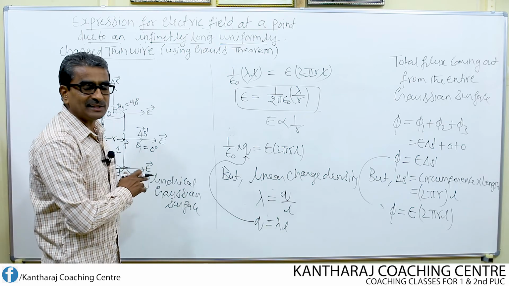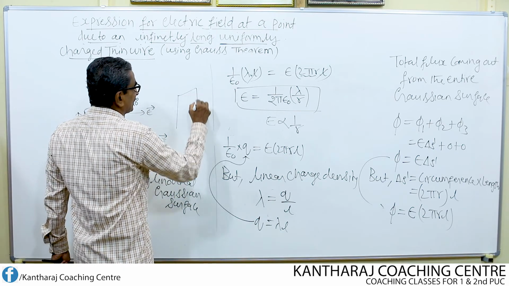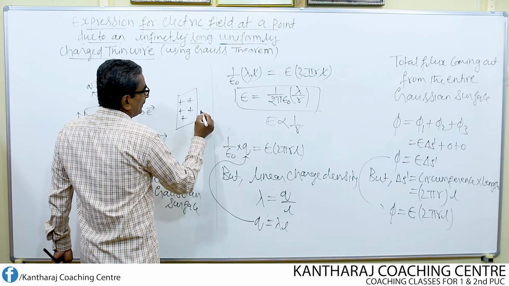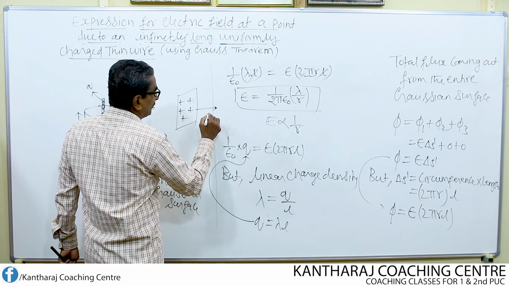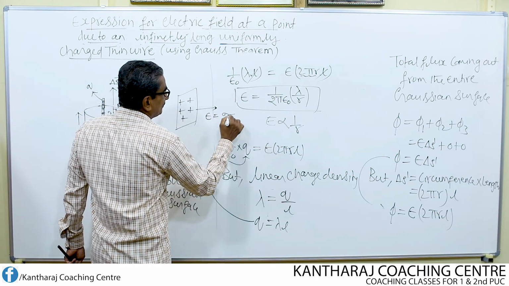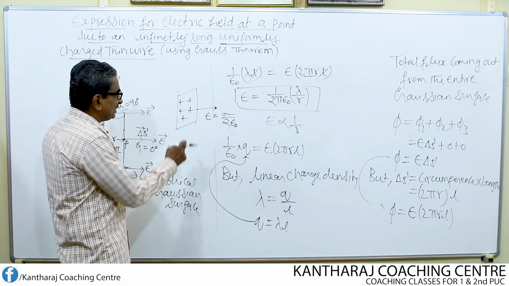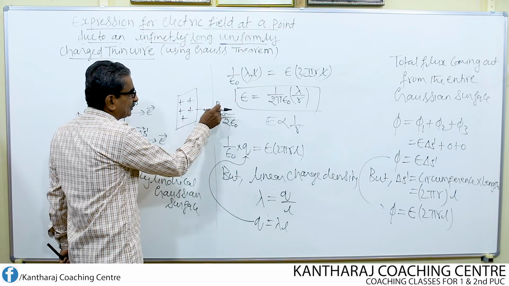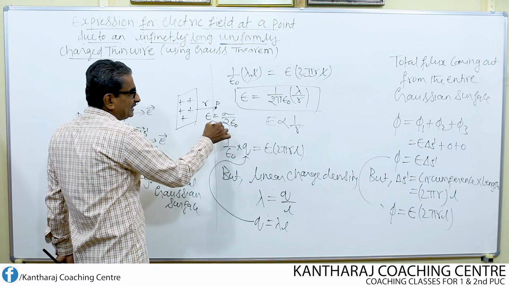But we do not see this situation in the case of a charged sheet. In the case of a charged sheet, what's the formula? The electric field at this point with respect to this charged sheet is given by E equal to sigma divided by 2 epsilon naught. Here, suppose I choose this point as P, and the distance from the sheet to this point as R, this R is not appearing in this formula.